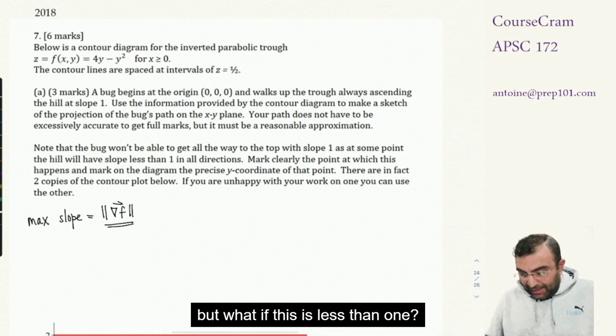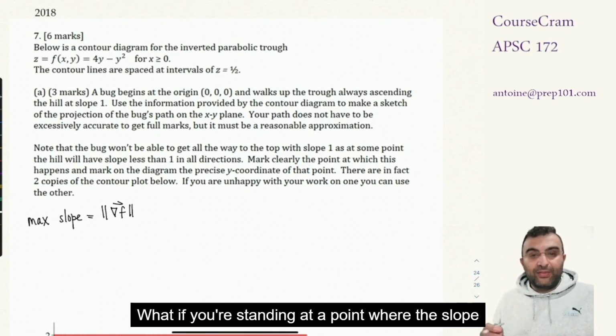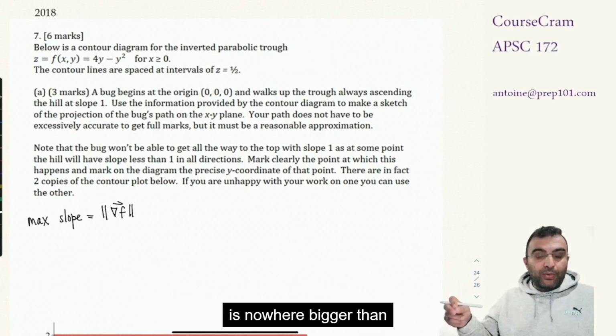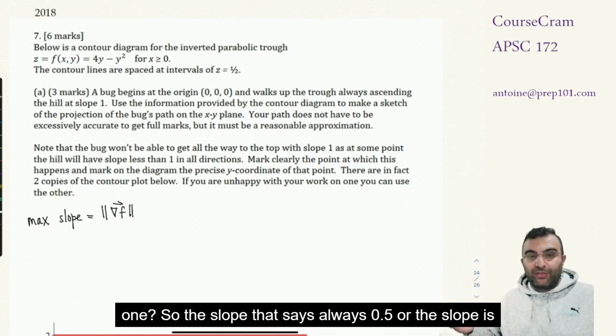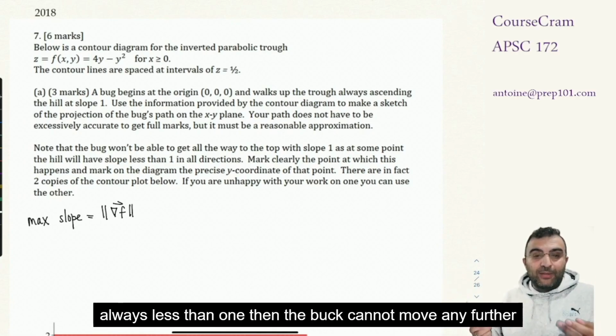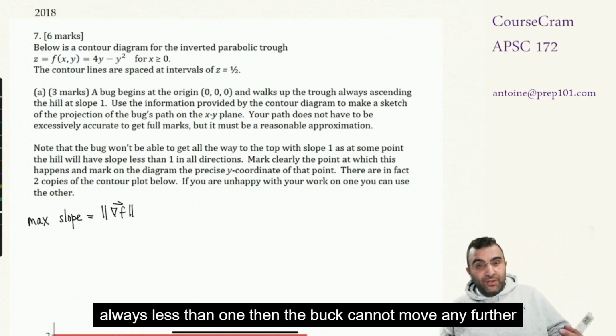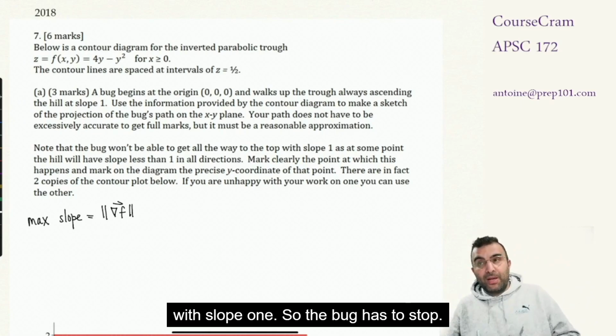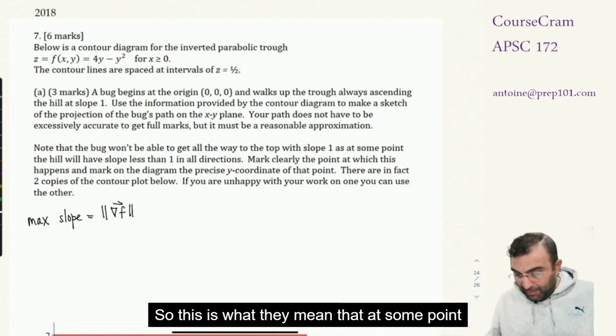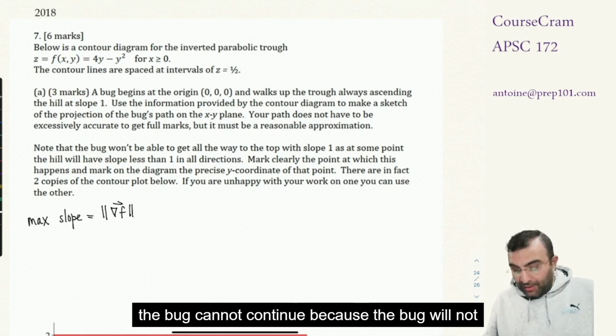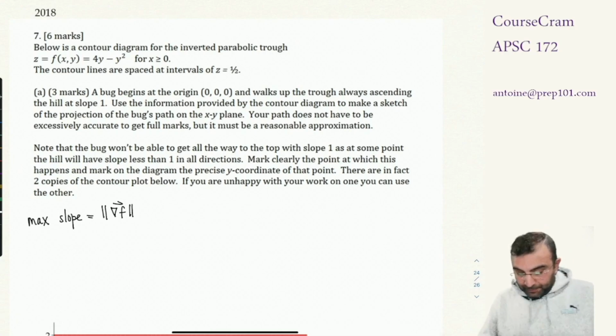But what if this is less than 1? What if you're standing at a point where the slope is nowhere bigger than 1? So the slope, let's say, is always 0.5, or always less than 1. Then the bug cannot move any further with slope 1, so the bug has to stop. This is what they mean, that at some point the bug cannot continue because it will not find the slope equal to 1.